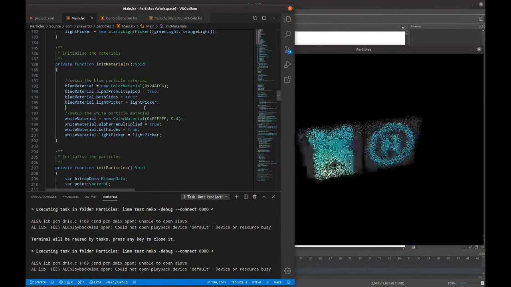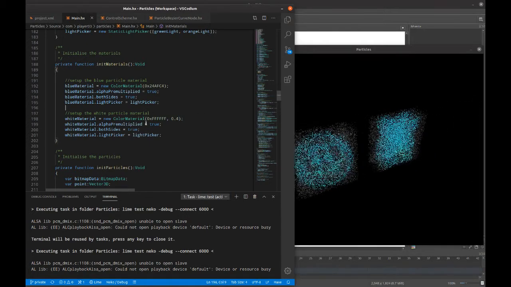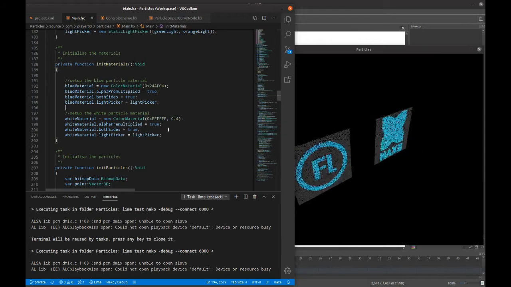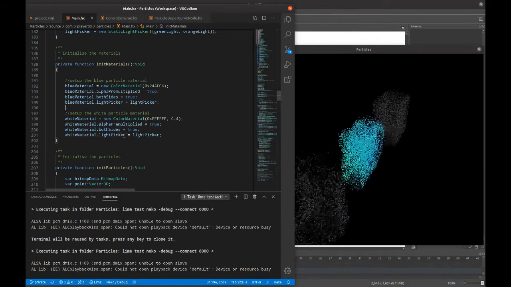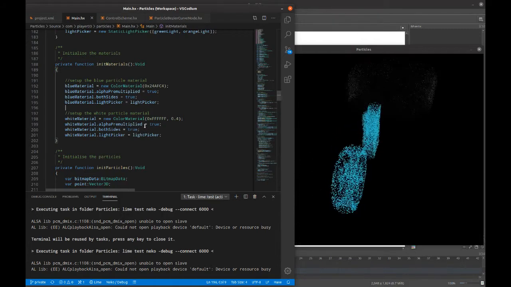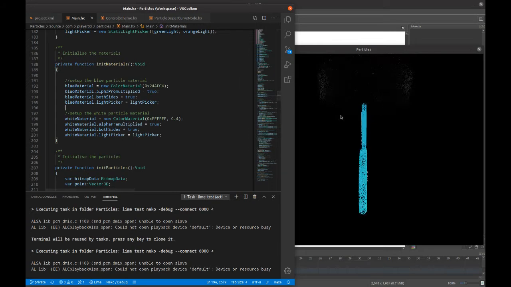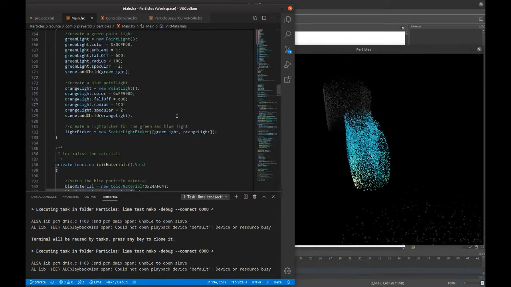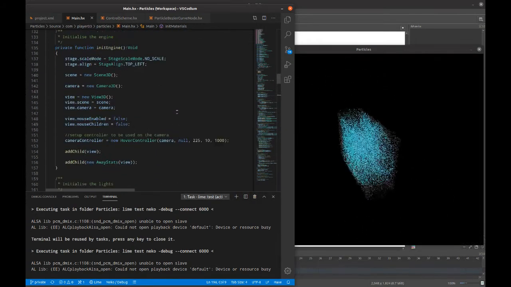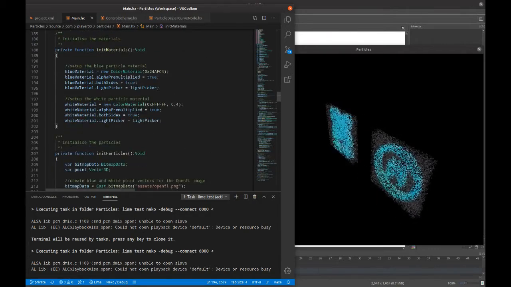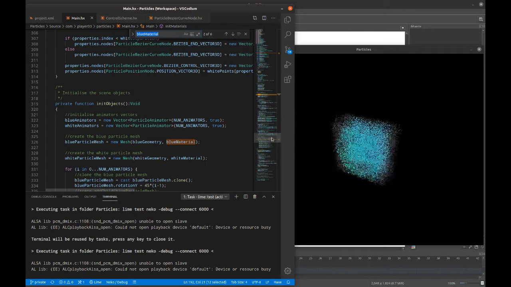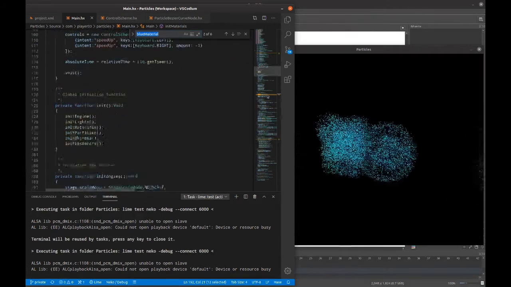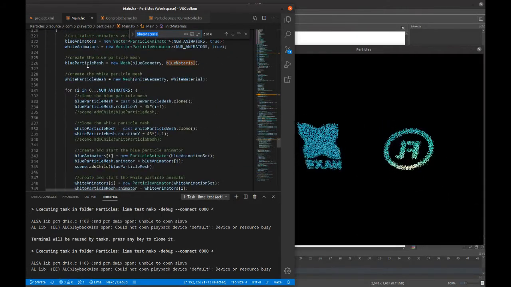Man, I wish I looked at that before. I could have made the white particles so much easier to see. Anything special going on? I don't see it.